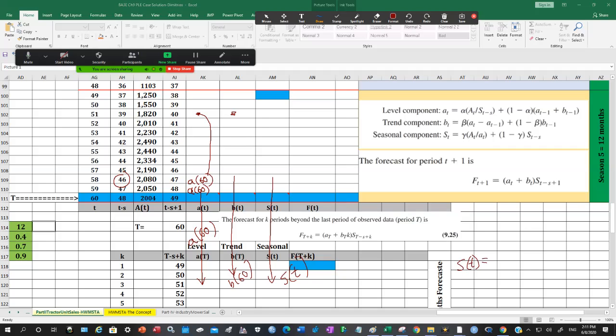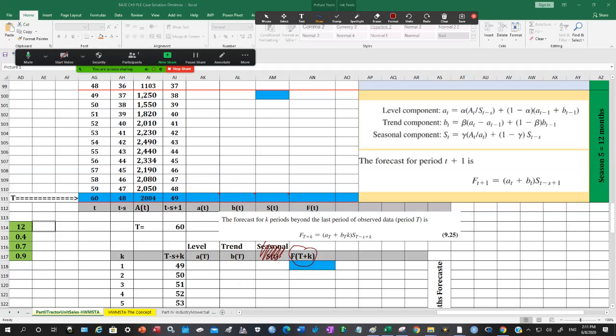Let's see. Actually, we don't need that over here. We just need to find this, so we do not need this.